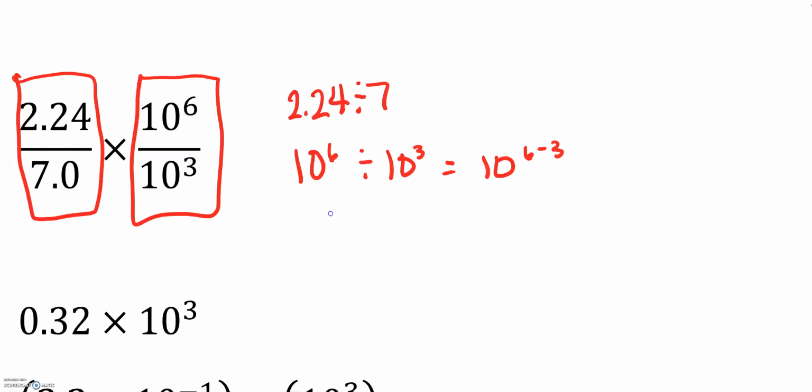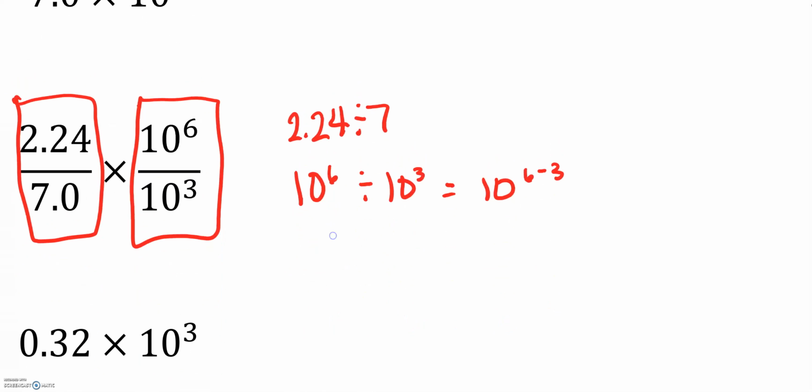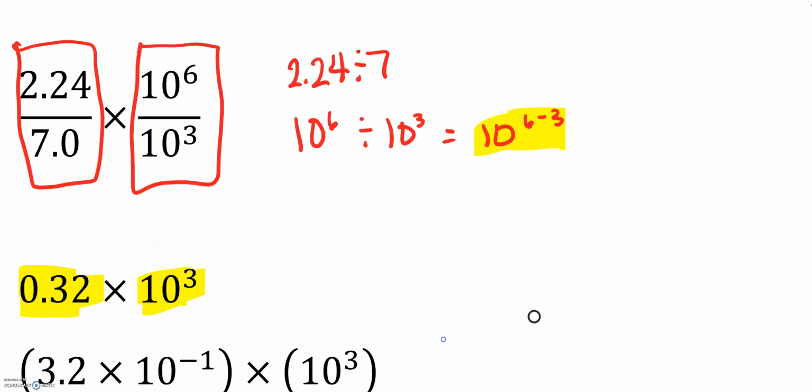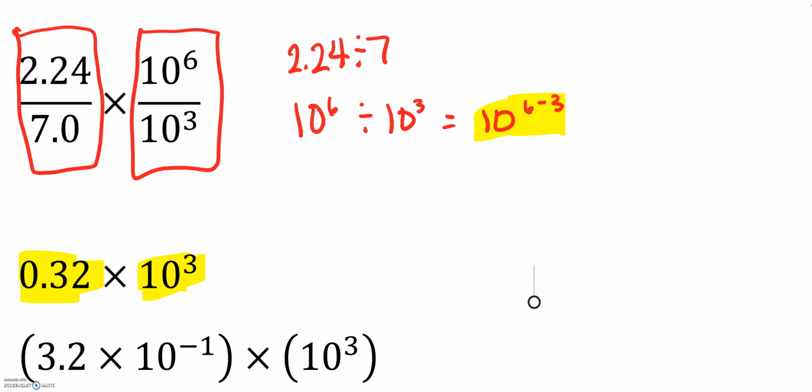So 2.24 divided by 7 is going to give me 0.32. And then when I subtract my exponents, I end up with 10 to the 3rd. Now, 0.32 is not in scientific notation, so I'm going to change it into scientific notation, which gives me 3.2 times 10 to the negative first.